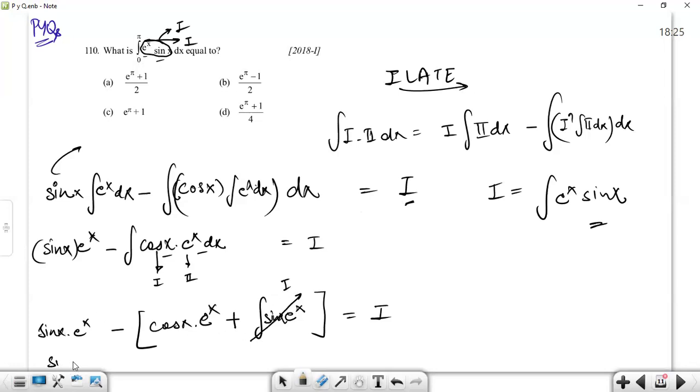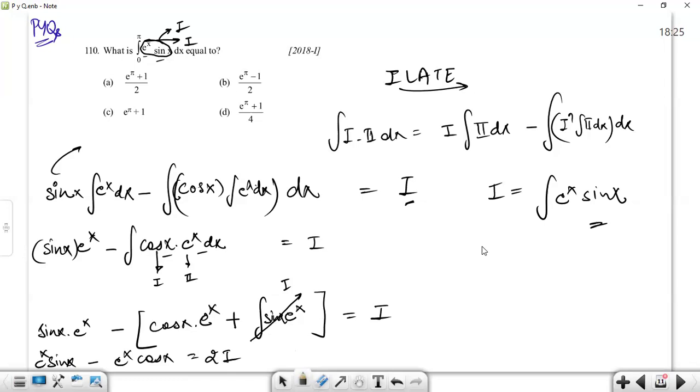So now, further simplifying, this has become minus e to the x cos x minus I is equal to I. Let's bring that I to the right hand side and make the left hand side 2I. Clear?